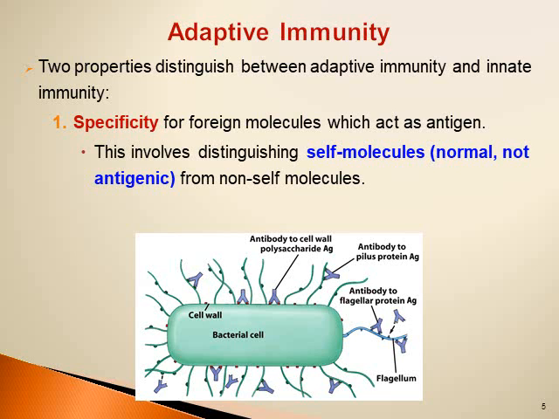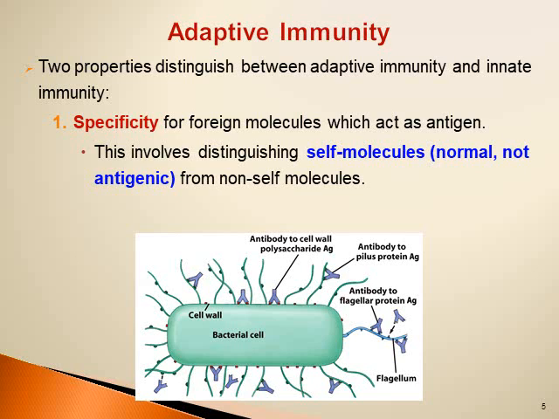This involves distinguishing self molecules, normal, that are not antigenic, from non-self molecules. So the adaptive immune response will not attack our own antigens. It will only discover the non-self or the foreign molecules or the foreign antigens.